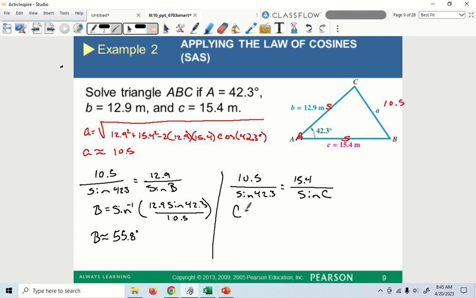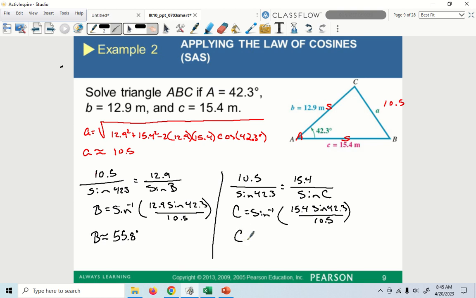So big C, anyone want to help me? 15.4 sine 42.3. What goes first? Sine, the inverse. Yes, very good. So inverse sine. And what'd you say? You said 15.4 sine 42.3 over 10.5. Very good.